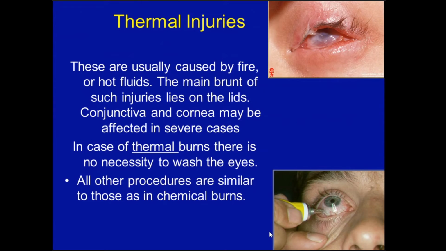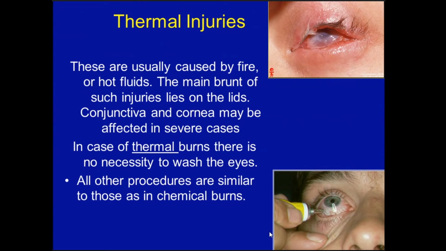Usually the first aid is the same as in the case of chemical burns, but it is not necessary to wash the eye for so long. I think it's necessary to wash just to decrease the temperature, but not as long as in chemical burns.